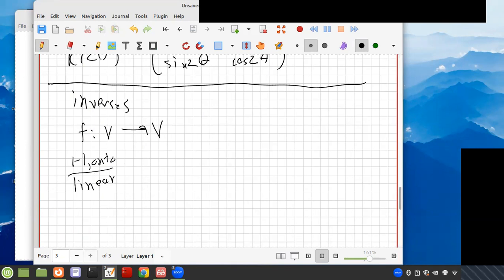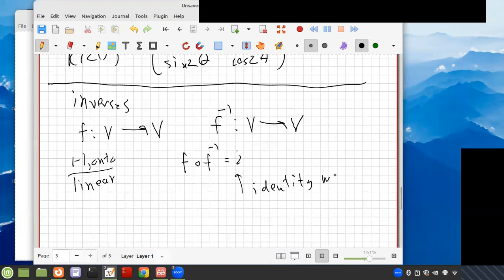In this case, it turns out that there is a map F inverse from V to V, such that F circle F inverse equals the identity map. That's the sense in which it is an inverse.